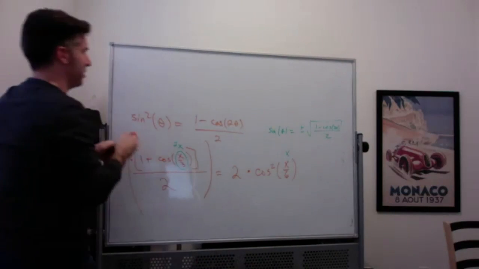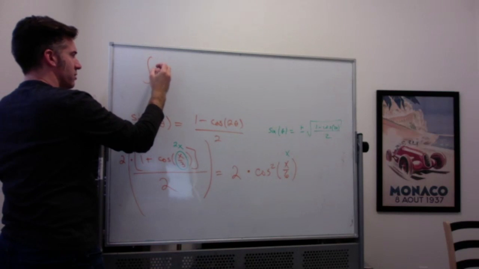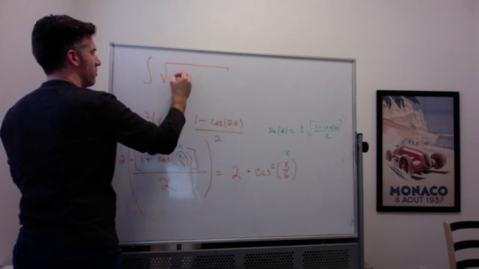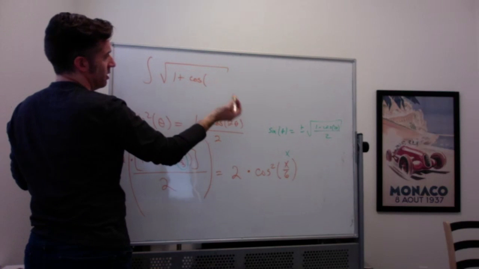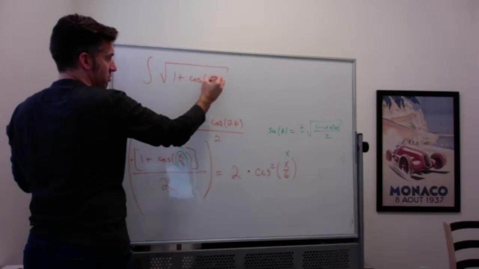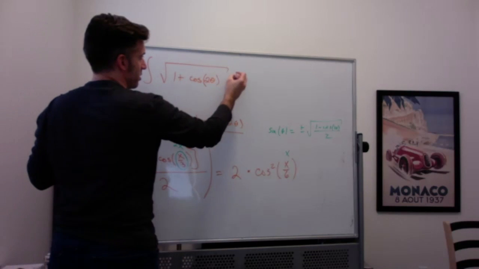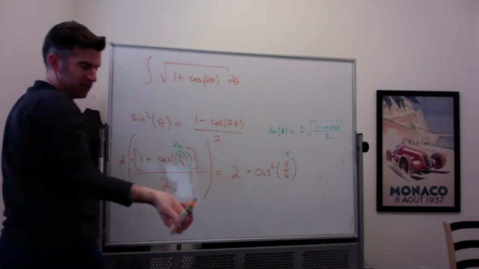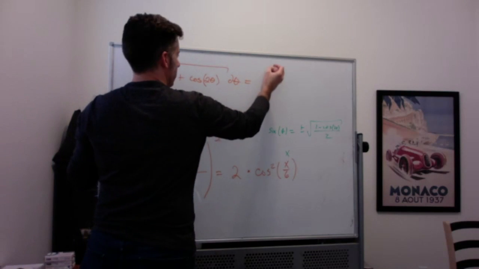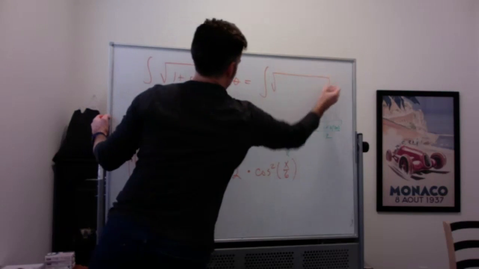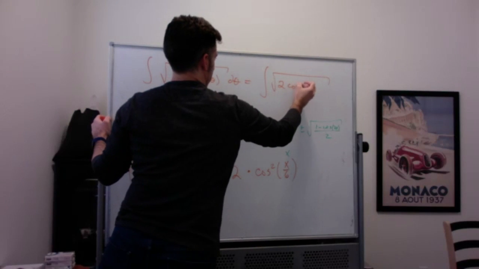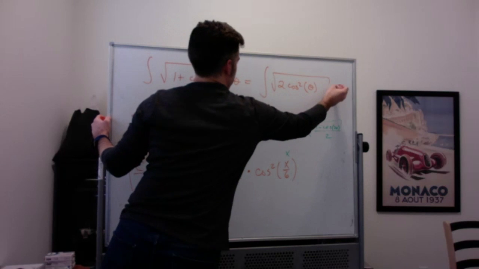So if you're trying to get to a place where you're integrating the square root of 1 plus cosine of an angle, all right, theta is x, it's going to end up equaling the integral of the square root of 2 times cosine squared of half that angle.